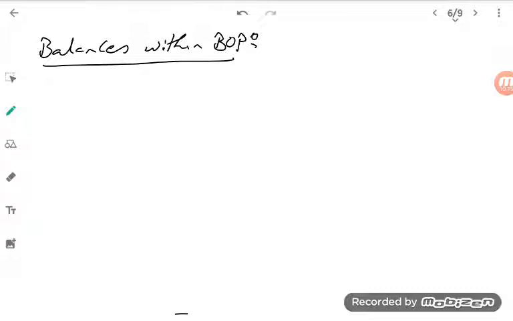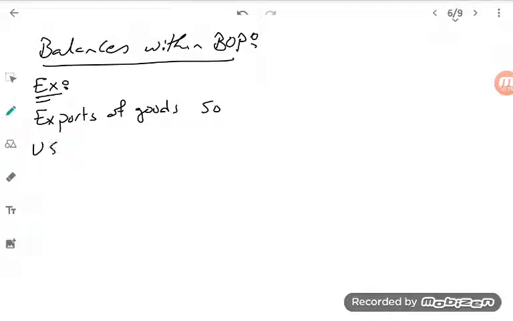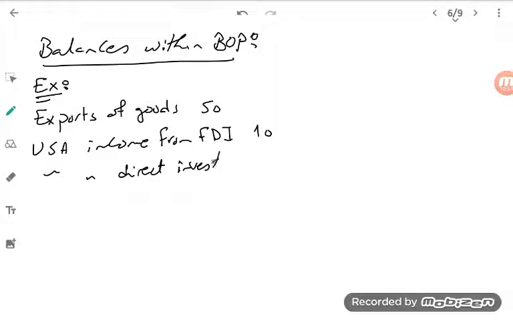Okay, let's take an example. Export of goods is $50. USA income from FDI is 10. US direct investment abroad is $15.